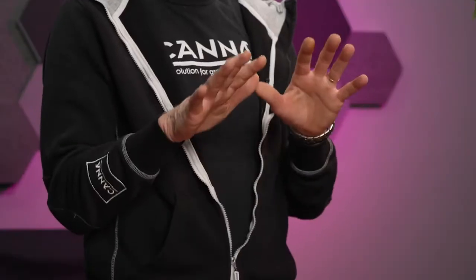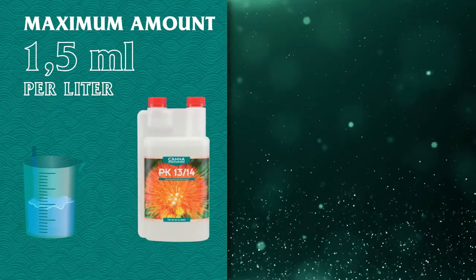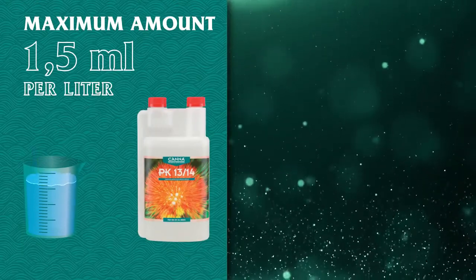One of the reasons that we only recommend it for 1 week. If you grow outside, you have to watch out, because when the August-September month is very beautiful in sunshine, the plant can even burn. So dose it gently. The maximum dose is 1.5 ml per liter.